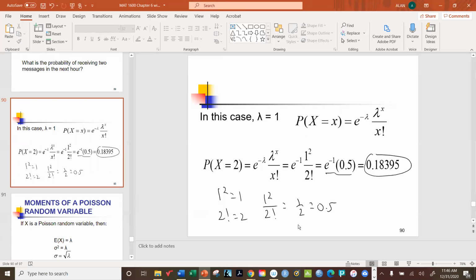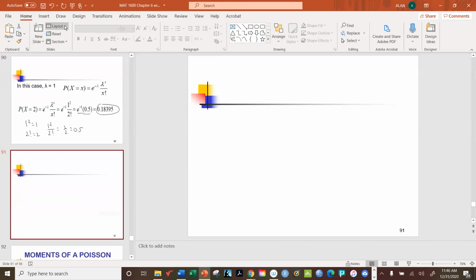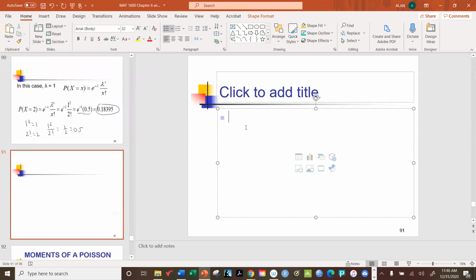But of course, as you can probably guess, the calculator has this function built into it too. So if you wanted to do it with the calculator, this is what you can do.